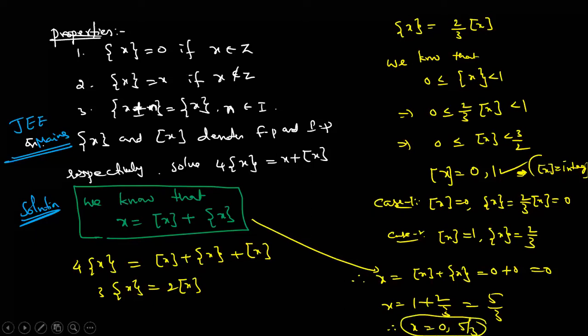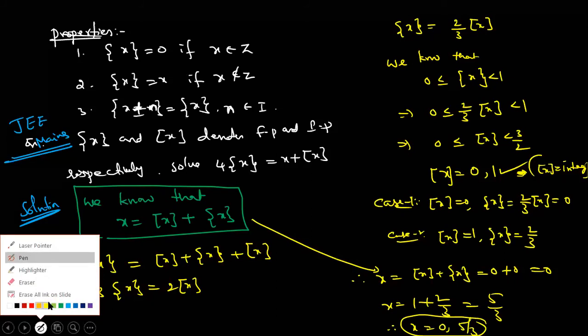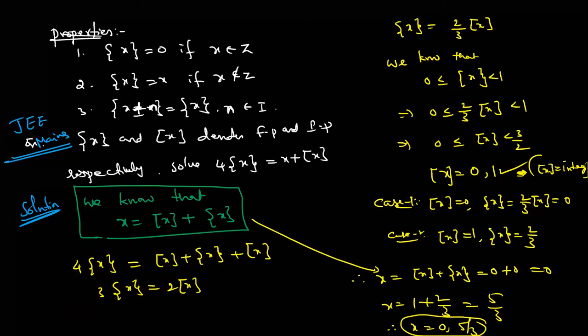That is the answer. So once again, I'm repeating. Listen carefully. Dear students, see carefully. You replace x by this part, and I get that the fraction part of x is 2 by 3 into the integral part of x.